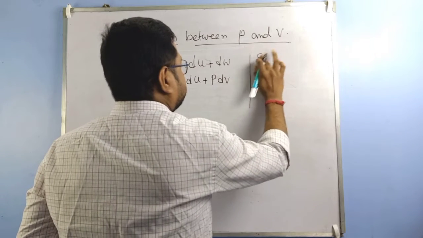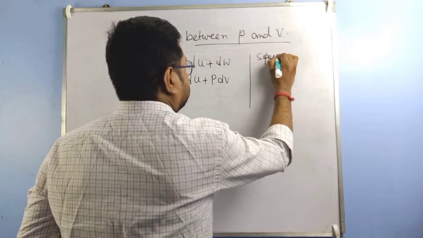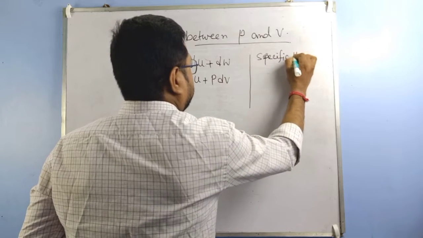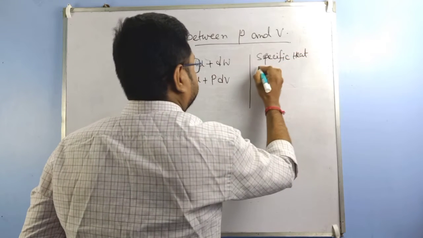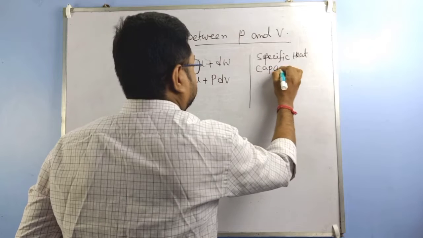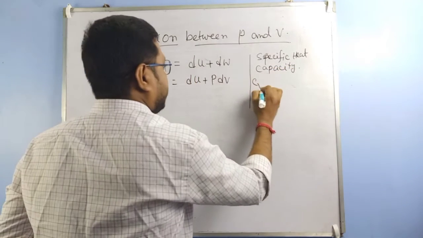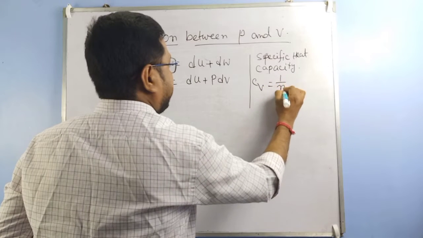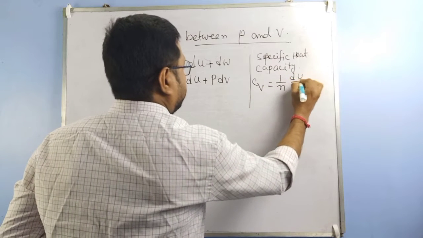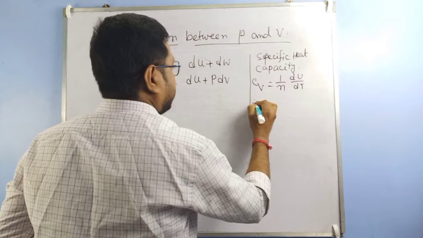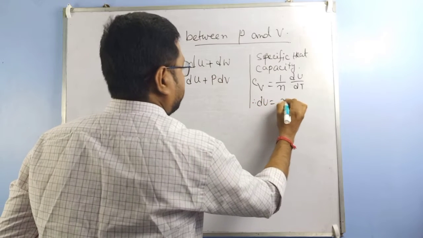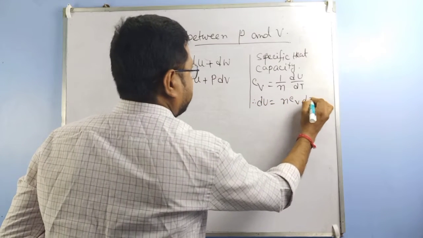Now specific heat capacity. Cv is equal to 1 by n dU/dT. Therefore, dU is equal to n Cv dT.